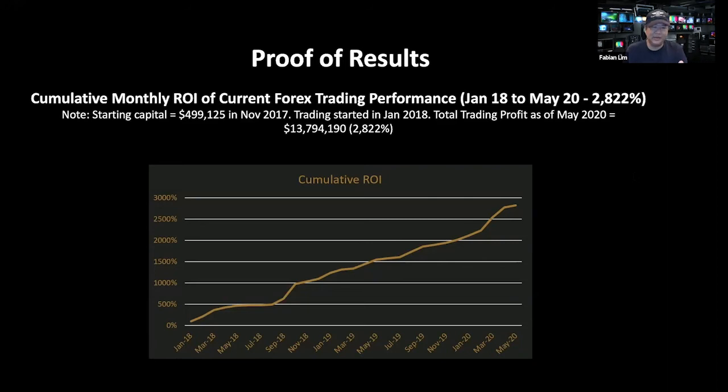You can see here that this January 18 is almost a year and a half ago. And truth be told, in fact, the journey started in 2011, and we have notarized results as well. Just that we cannot show it to you because it's illegal to show notarized results in public itself. But we have it in the office.